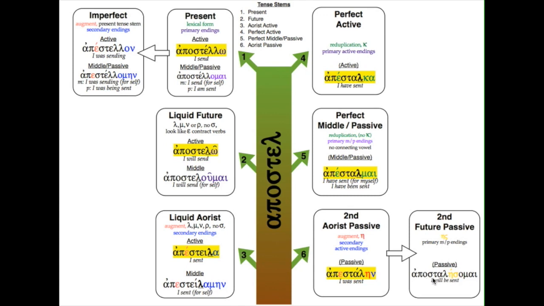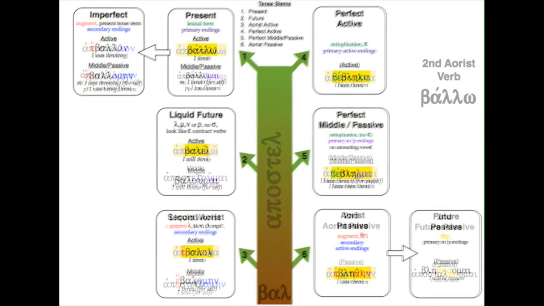Okay, so these are both seconds. Okay, so that one's a little bit weird. We might have been tempted to say apestalthesomai, but the theta goes away. So that's a second aorist passive. Okay, so do you get it? If you had these six forms, you could make all the other forms. That's the deal with the principal parts.